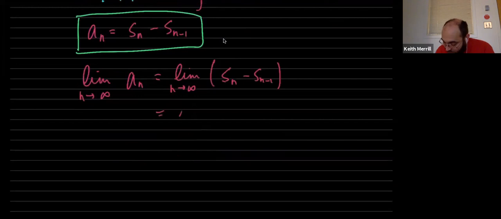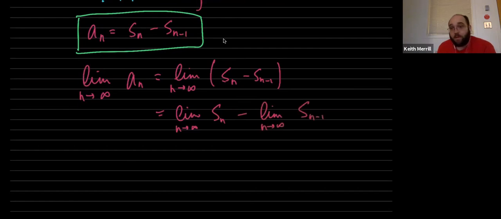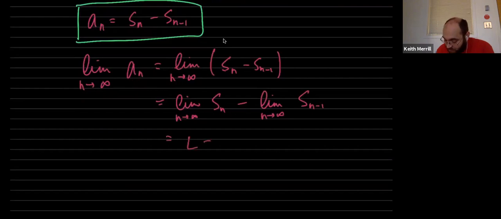But by a beautiful property of limits, as long as we know the limits exist, which in this case we do, the limit of the difference is the difference of the limits. But both of those sequences are the same sequence, you've just shifted one back. So this is just L minus L, and hence you get 0. And that completes the proof. That's a little math symbol for completing a proof.